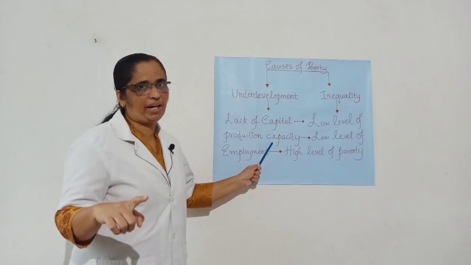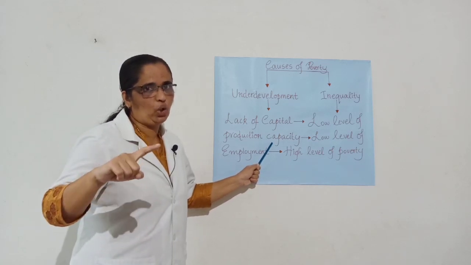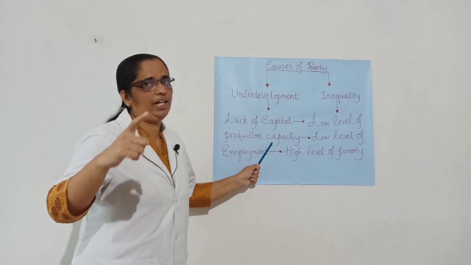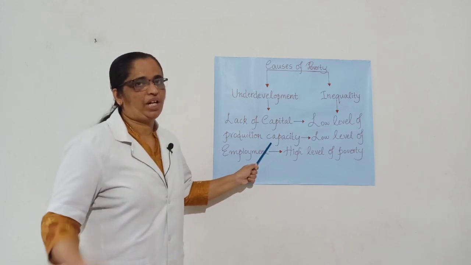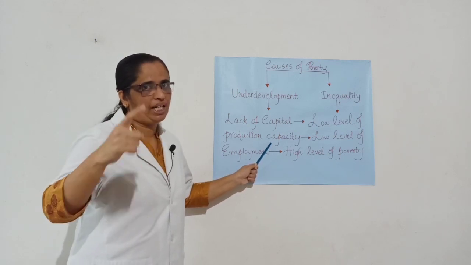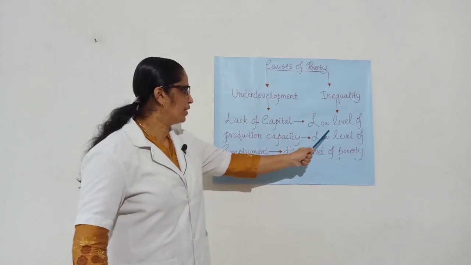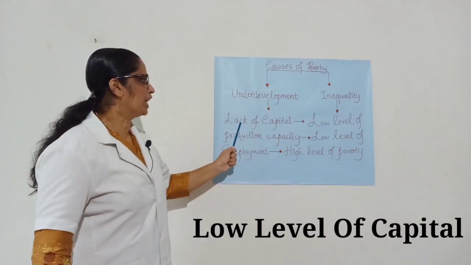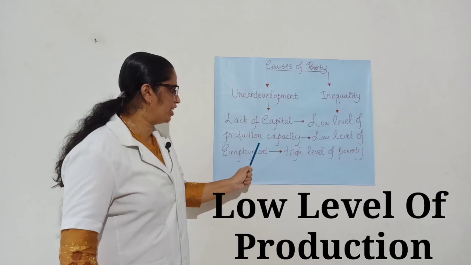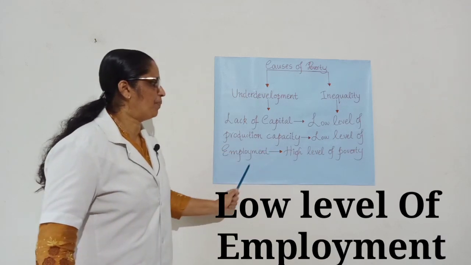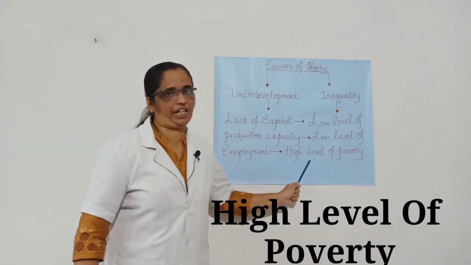As a result, what happened? The economy failed to absorb the growing labor force. Low level of capital, low level of production, low level of employment and high level of poverty.